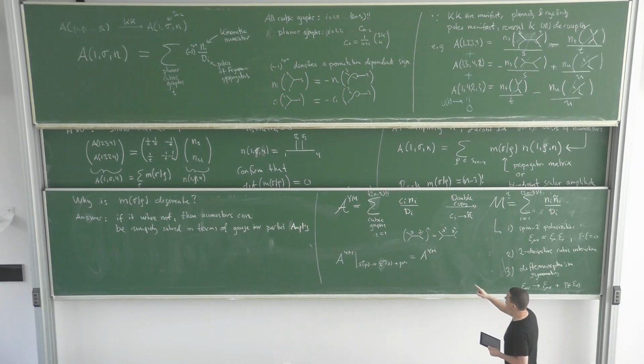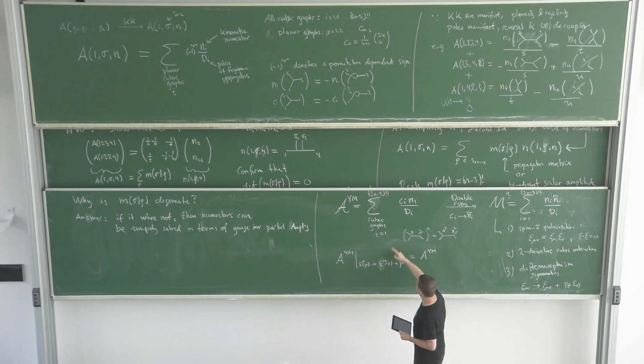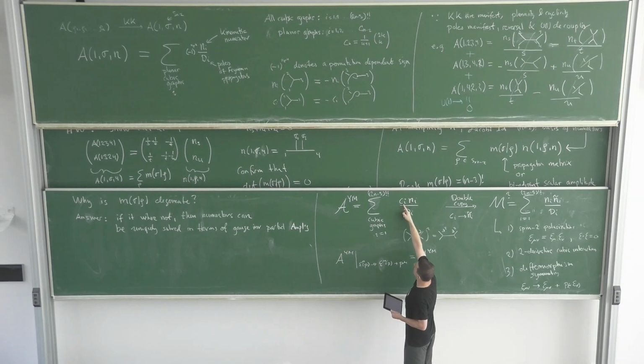And so of course, if you do that on this representation, what will happen is that you will modify what you mean by your numerator, right? Color factor does not depend on momentum, does not depend on polarization. The only thing that depends on polarization is n.